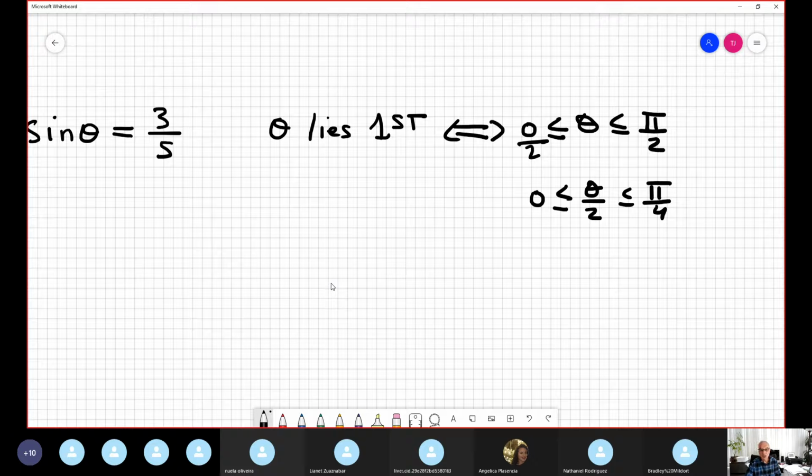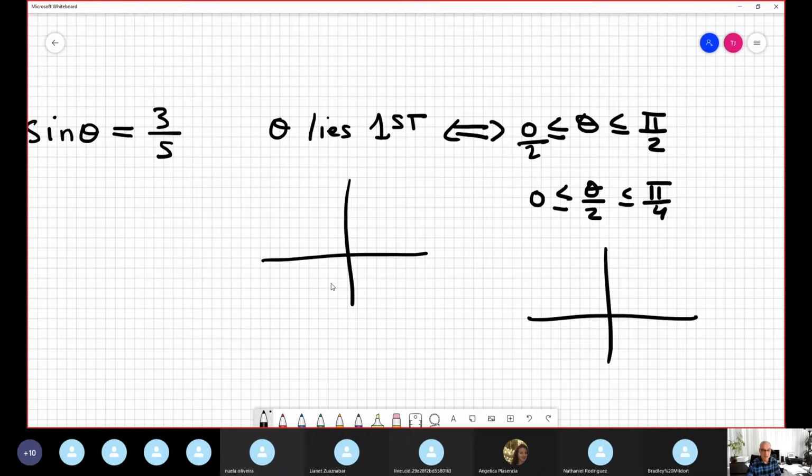Wow! So now, let me try to make a sketch to understand. My theta is in the first quadrant here. This is the location for theta. Theta lies in the first quadrant between 0 and pi over 2. This is theta.